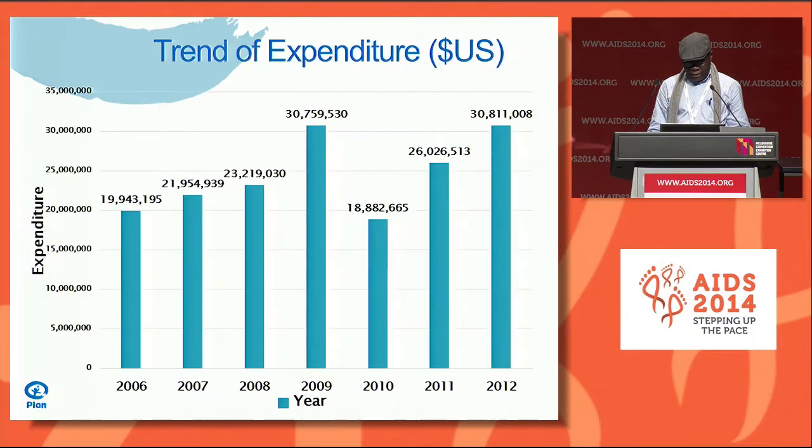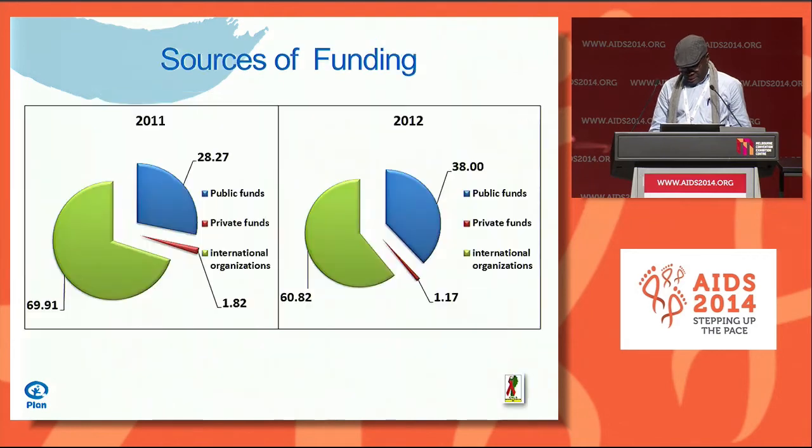What are the findings? We see that resources for HIV increased from 2010 till 2012, with a drop in 2010 because a lot of partners stopped the financing in 2010, and only the Global Fund could provide funding for Benin.